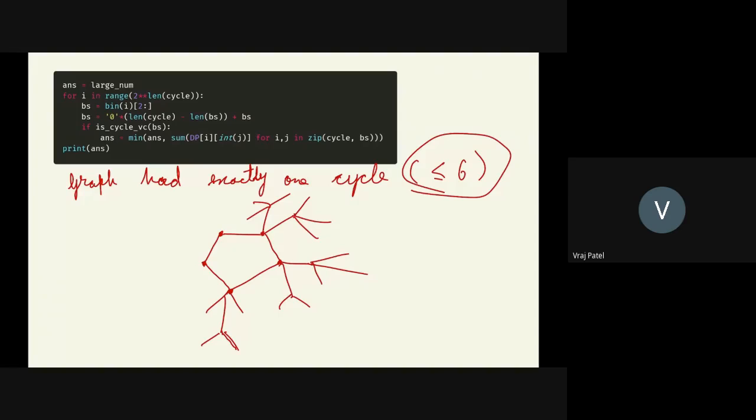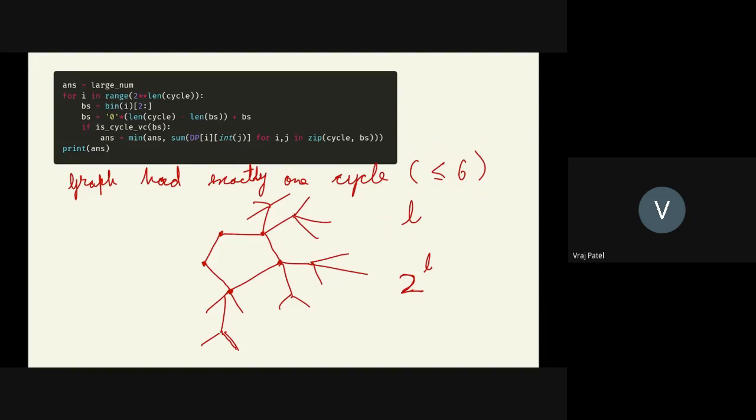Let me tell you what we can do with this information: there are only 2 raised to power 6 possibilities. Let us say the length of the cycle is L. Then there are only 2 raised to power L possibilities of how this cycle is being covered, at max, as a rough estimate.